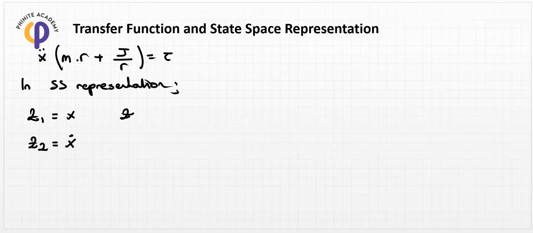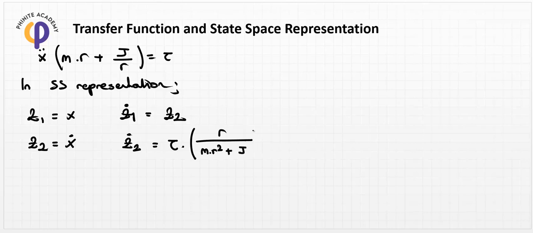So the derivative of z1, z1 dot, is equal to z2. And z2 dot is equal to x dot dot, which is torque times r divided by (m r square plus j), in the general notation.